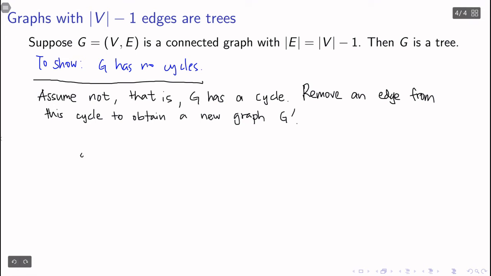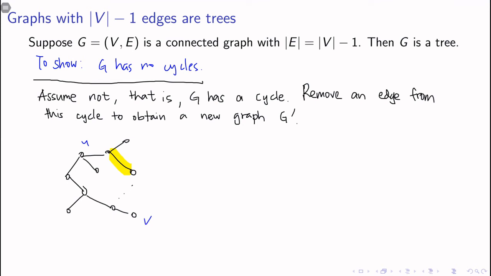If your original graph had a cycle, something like that, in your graph G, and you choose one edge in this cycle and remove it, well, between any two vertices in this new graph, you're still going to be able to connect them because the original graph was connected.